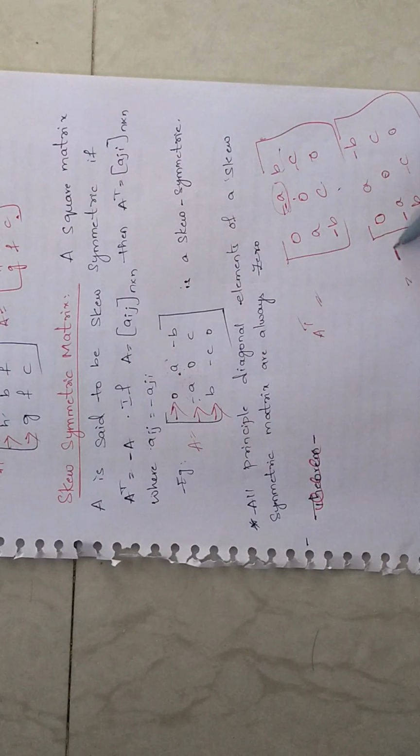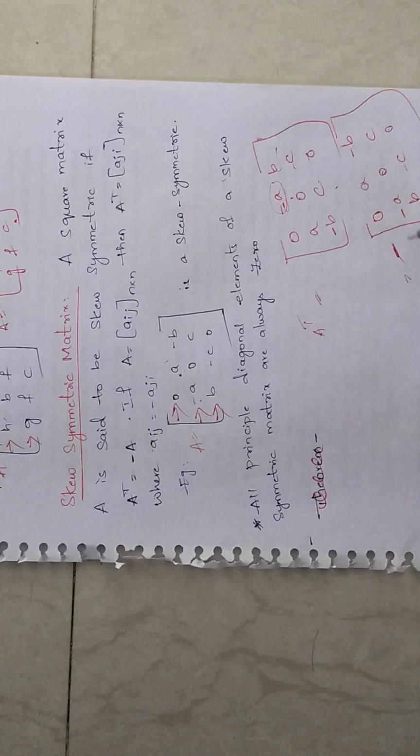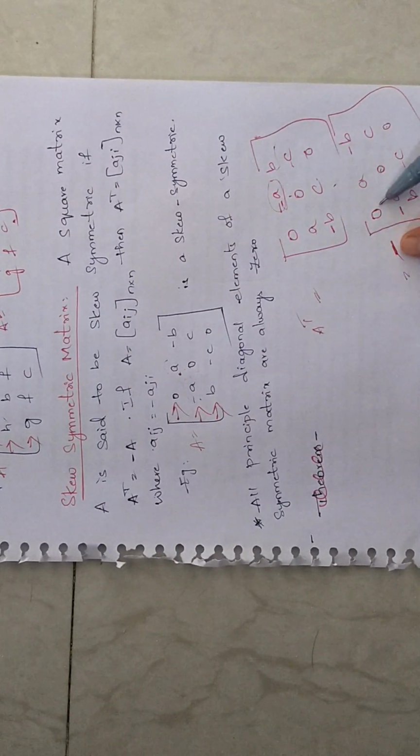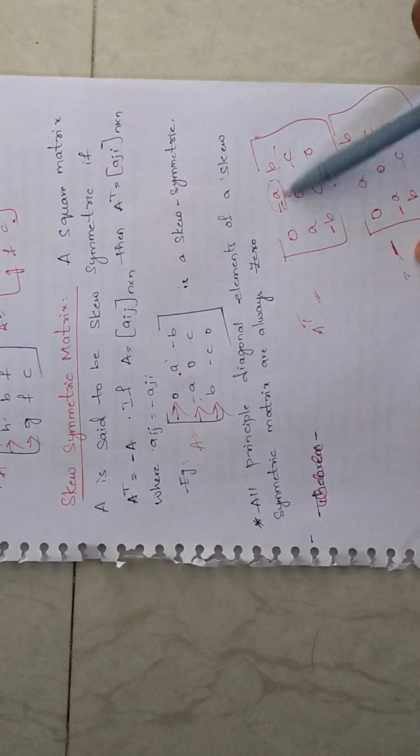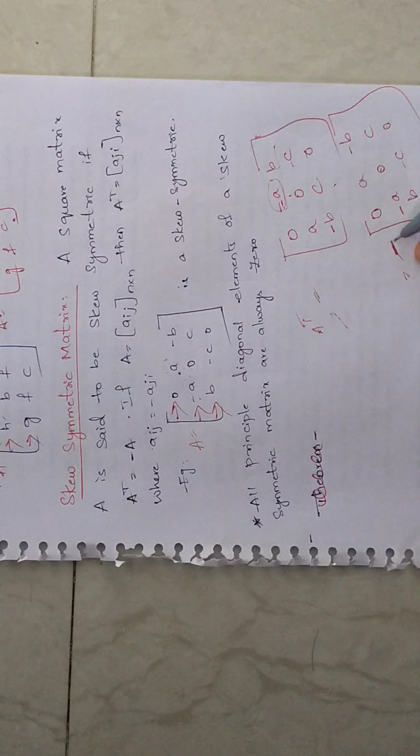Why have I written minus outside? Because if you multiply minus into 0, it's still 0. Minus into A is minus A, whatever it is here in the A transpose. Minus into minus B is plus B. I suppose you know how to take the minus out and fix it with the other elements.